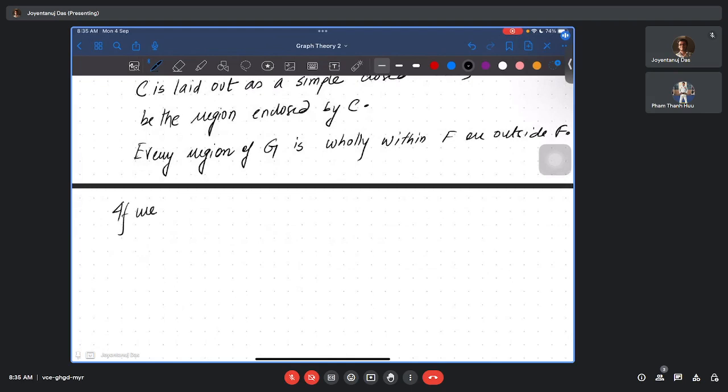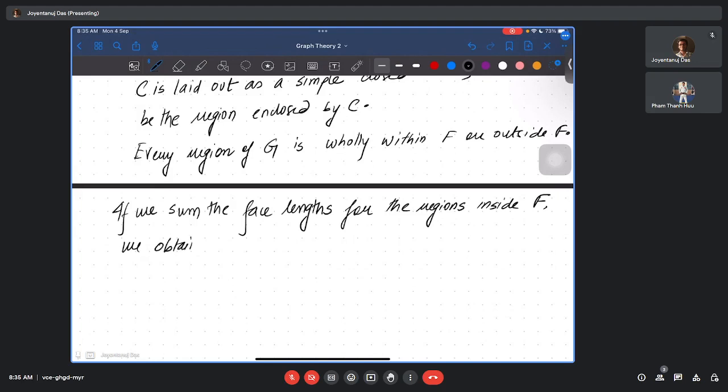Now, if we sum the face lengths for the regions inside F, we obtain an even number, since each face has even length, right?